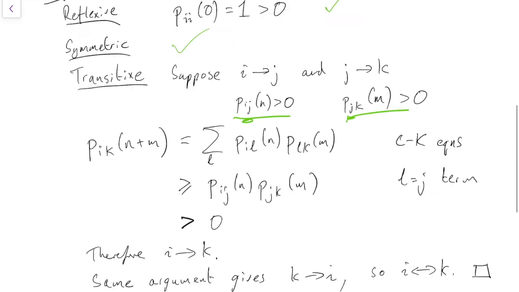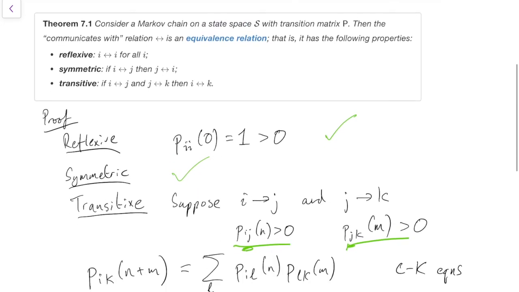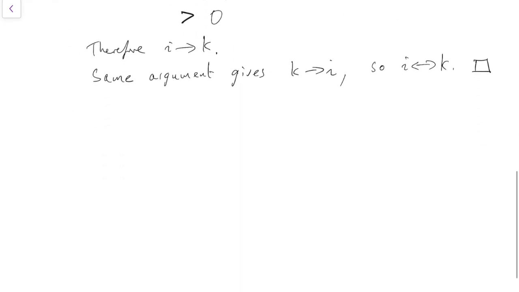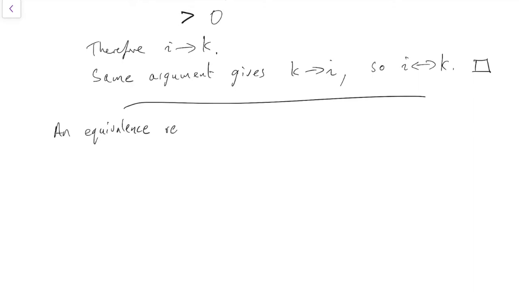Okay, so we've proved that this thing is an equivalence relation. And if you remembered about equivalence relations, you perhaps also remembered another fact about them, which is that an equivalence relation partitions your space into equivalence classes.